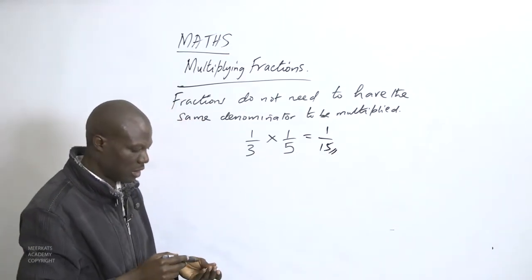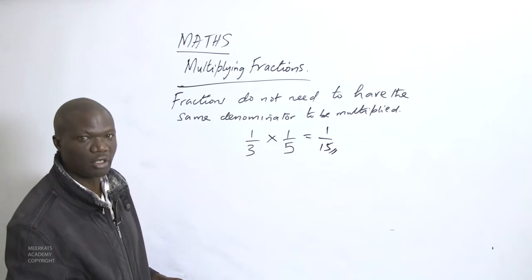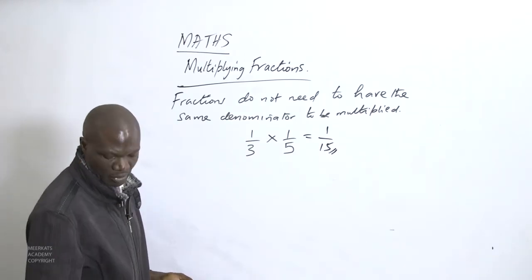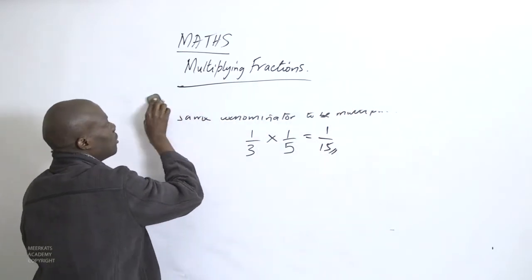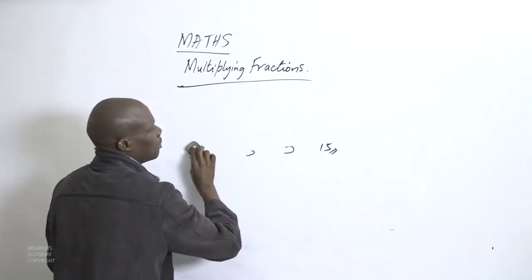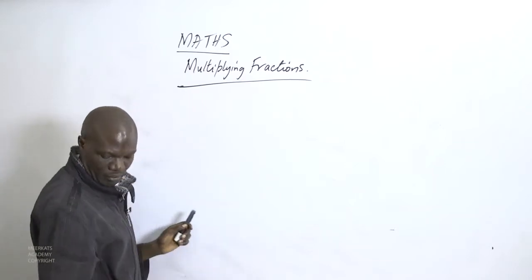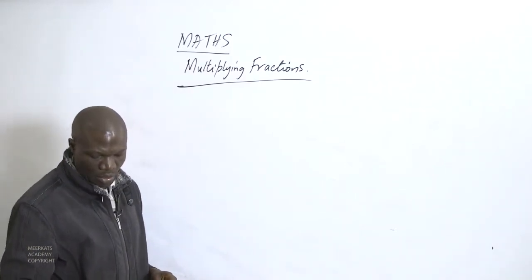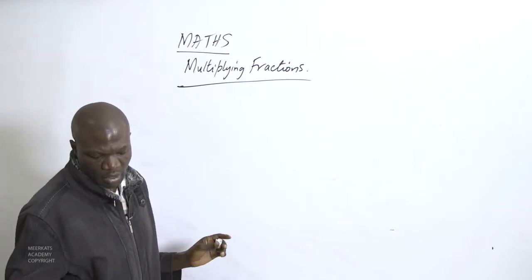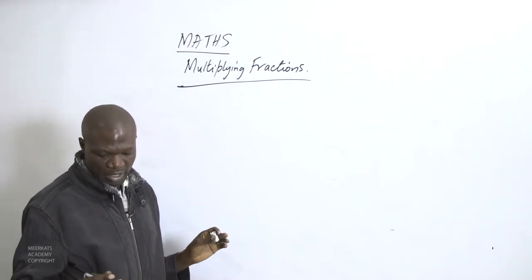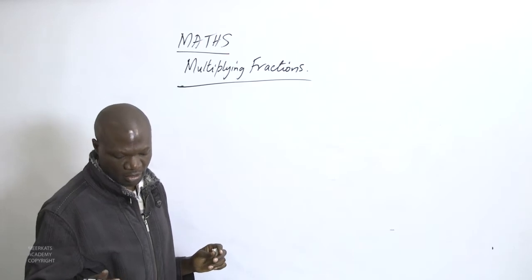So we don't need the denominator to be the same. Also, to multiply fractions, multiply the numerators together and the denominators together.